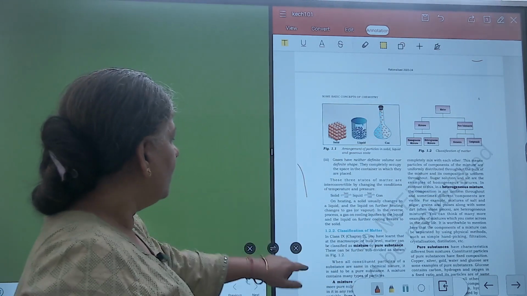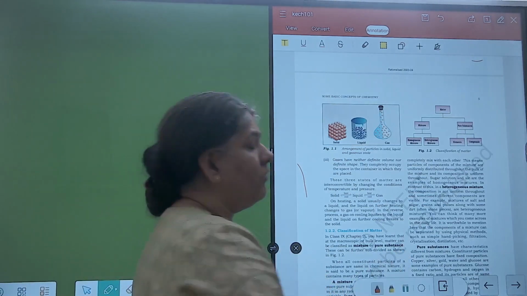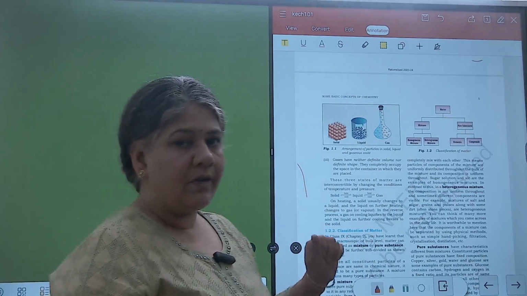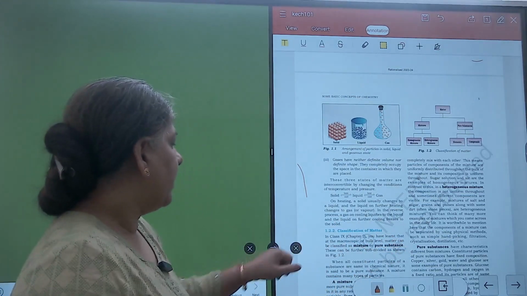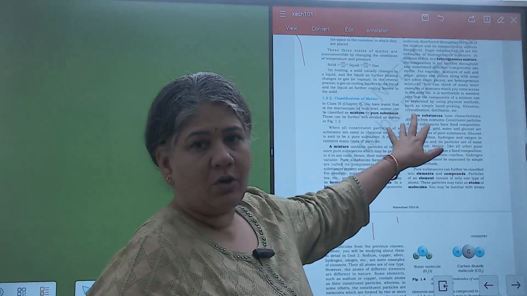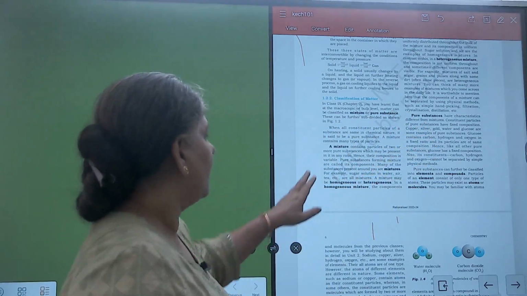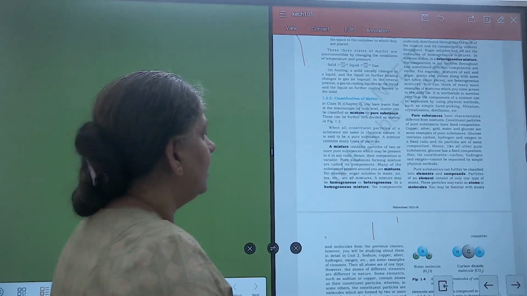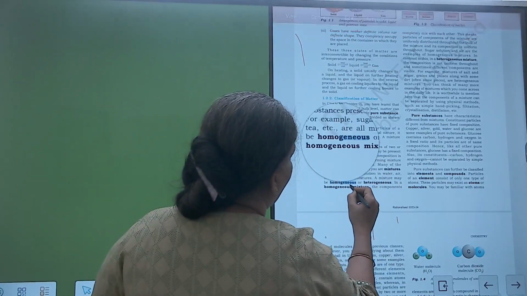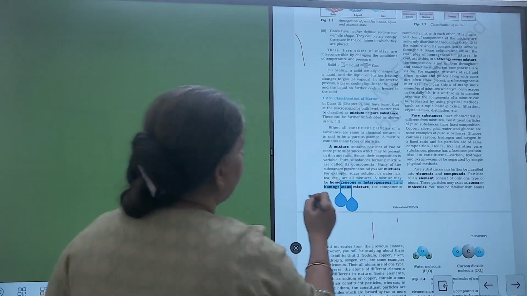Next we come to classification of matter. This is also a part of class 9 syllabus that you have already studied. Matter is classified as mixture or pure substances. Again, mixture is either heterogeneous or homogeneous.